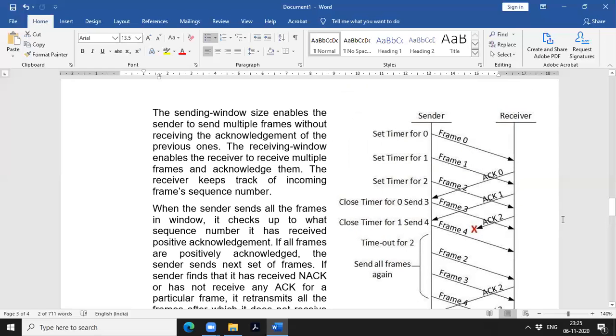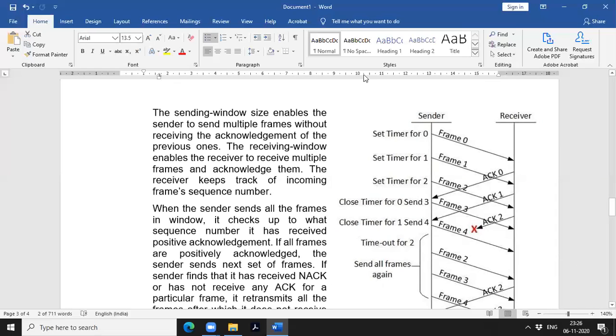The main drawback is that several frames have been transmitted from the sender to the receiver, and though frame 2, frame 3 and frame 4 will be received at the receiver side, again this mechanism will take place there, again retransmission of received frames.